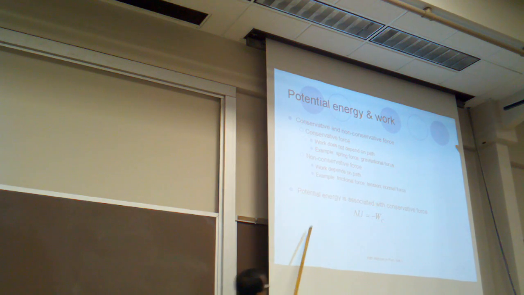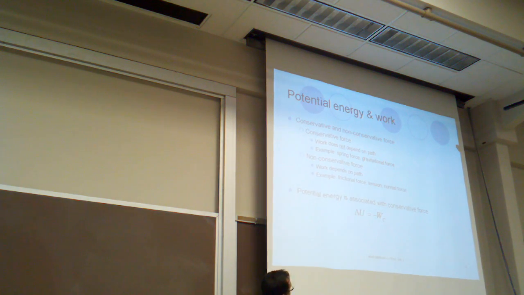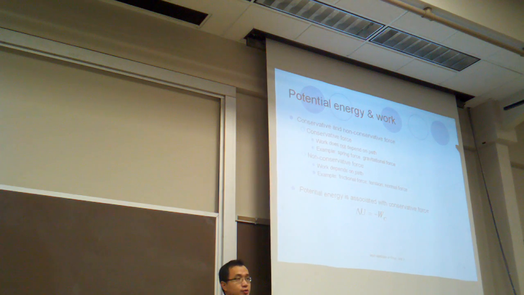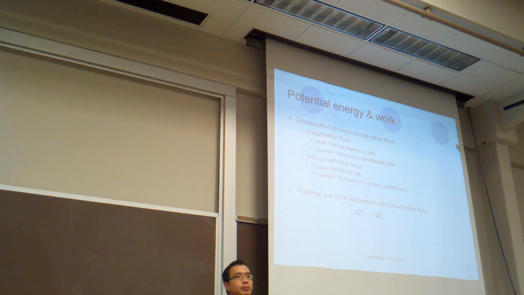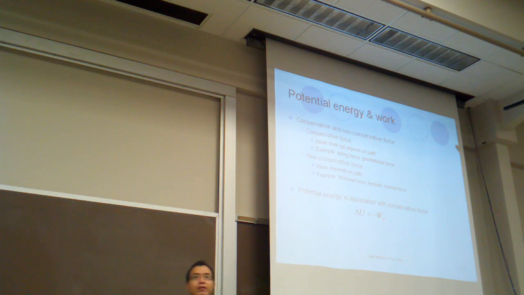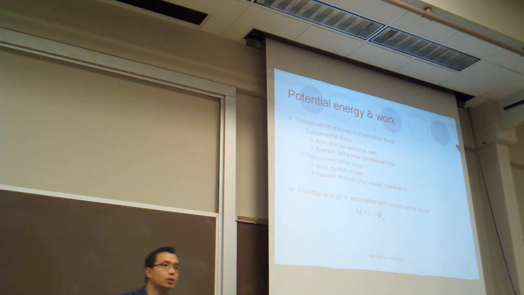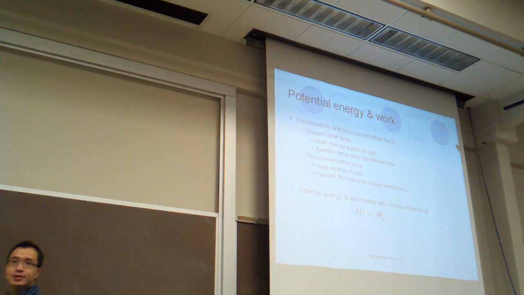Here we see that potential energy is only related to the conservative force. That's why we have the spring potential energy and the gravitational potential energy, but we never talk about the frictional potential energy. It's impossible for us to assign some potential energy change to the work done by the frictional force.